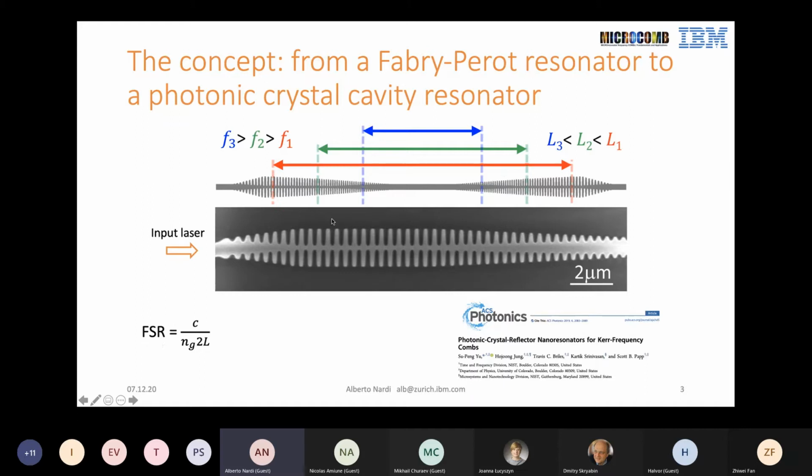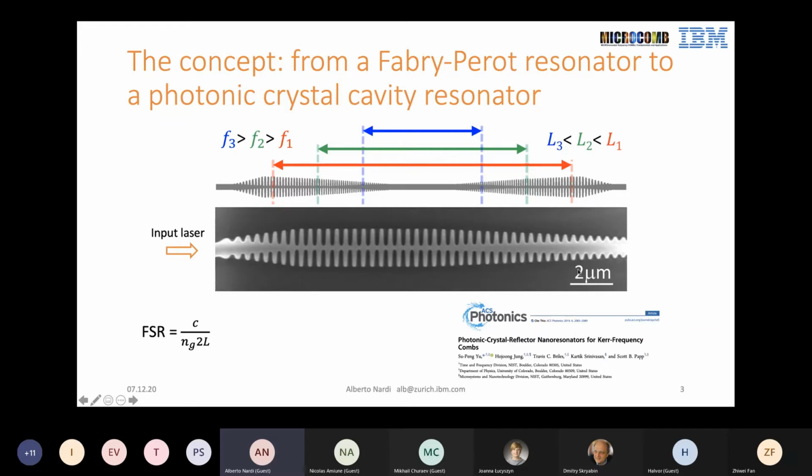So if we manage to fabricate these mirrors that work like this, so the lower frequencies will be reflected at deeper points in the mirror, we will manage to get anomalous dispersion by tuning the length of the cavity.